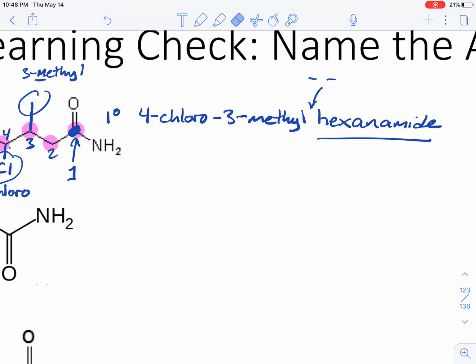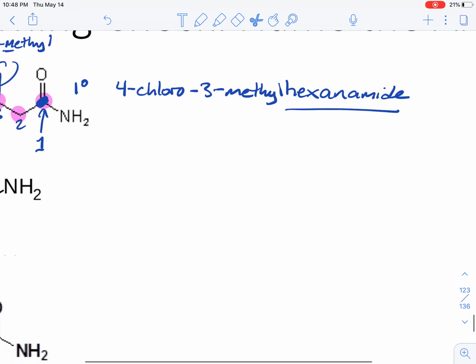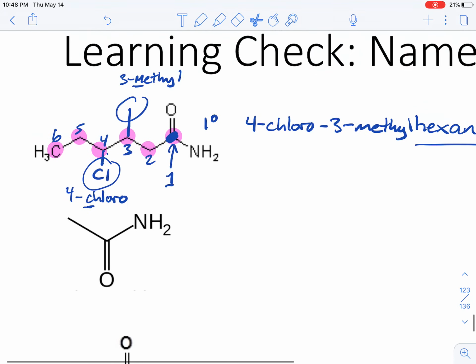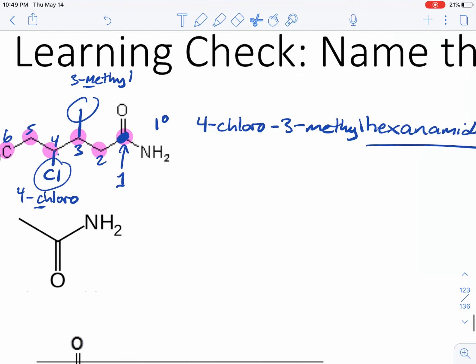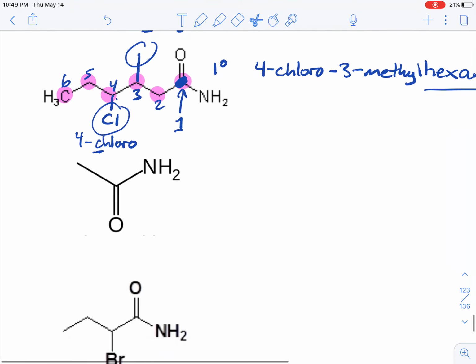That's not necessary because I have a primary amide. And primary amides are always terminal. And so this is going to be the name of this organic compound. Okay, so I just added my substituents in front of my parent name, which is hexanamide.